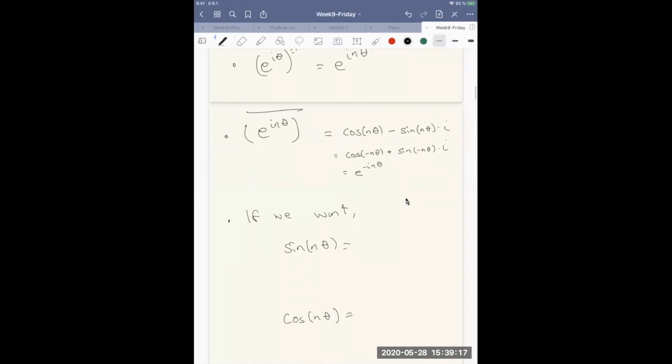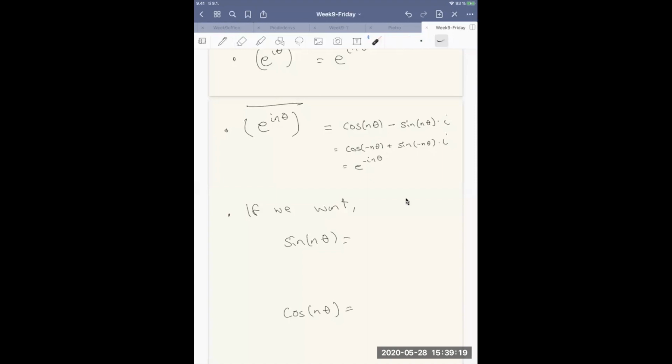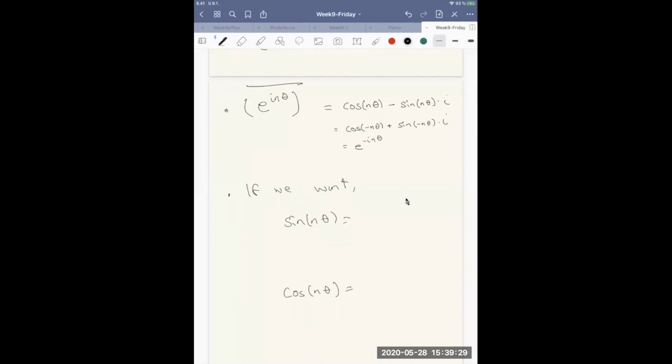Now, if we want to, we can use this fact to recover the real and imaginary parts. Well, the imaginary part of a complex number can be recovered by taking the number minus its complex conjugate, which is e to the minus I n theta, and dividing by 2I. So this is the same thing as e to the I n theta minus e to the minus I n theta divided by 2I.